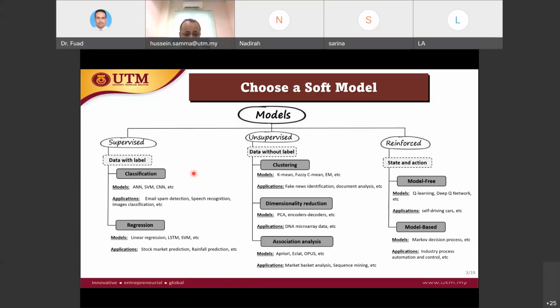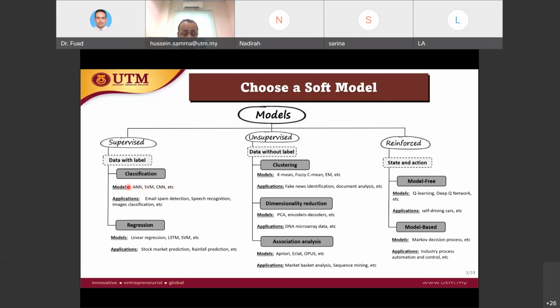Under the classification models, we are talking about the most commonly used classification models. We have artificial neural network, which is the oldest one. We have support vector machine, and recently we have convolutional neural network. Of course, there are many others, and I'm just presenting some examples only.